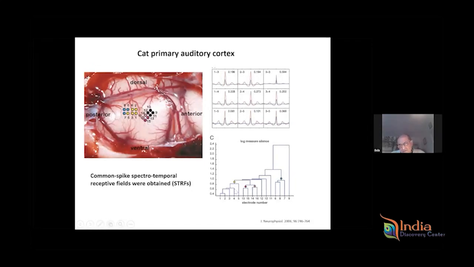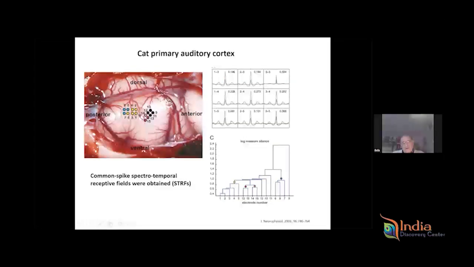They showed the diagram here and the spike activity, again showing the same timing. So that was the principle of this clustering activity.